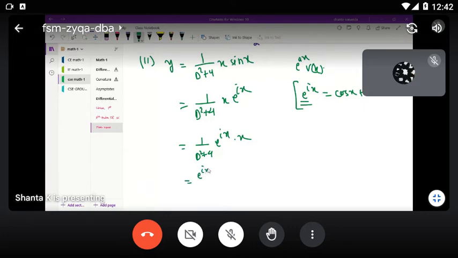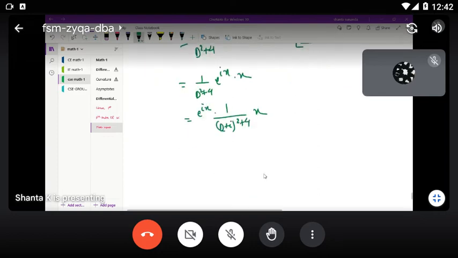So e power ix, D plus i square plus 4 into x. Here D plus i square will be minus 1.